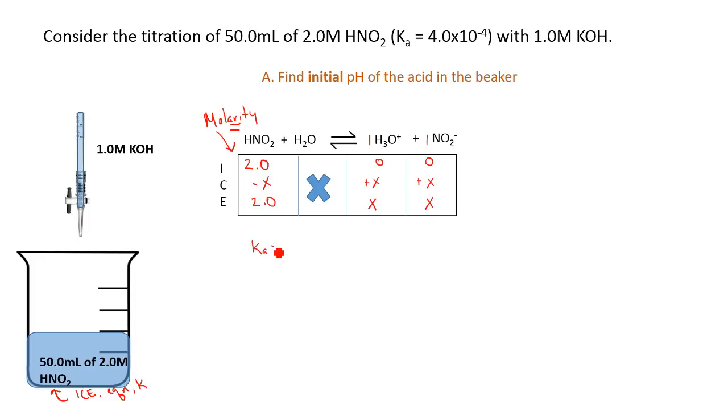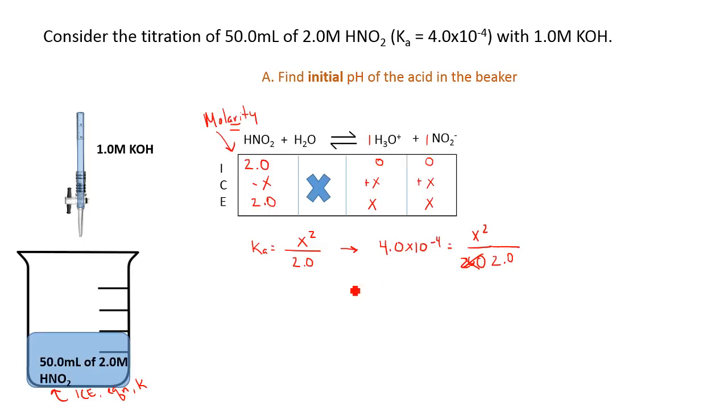The Ka expression says that we need to do X squared divided by the initial concentration, 2 molar. So now I can just plug in. I've got 4.0 times 10 to the negative fourth is equal to X squared over 2.0.